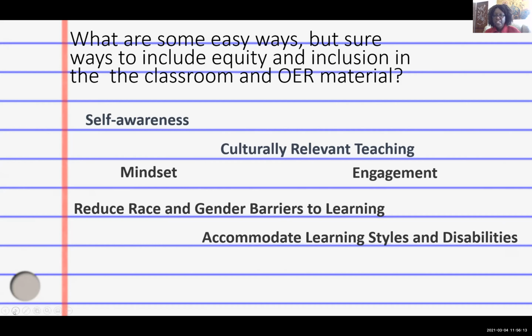Engagement. Engagement is very important in learning, in retention, in graduation. As we look at our material, does the material we are using lend itself to engagement? Here it is, we have OER material that we're choosing.